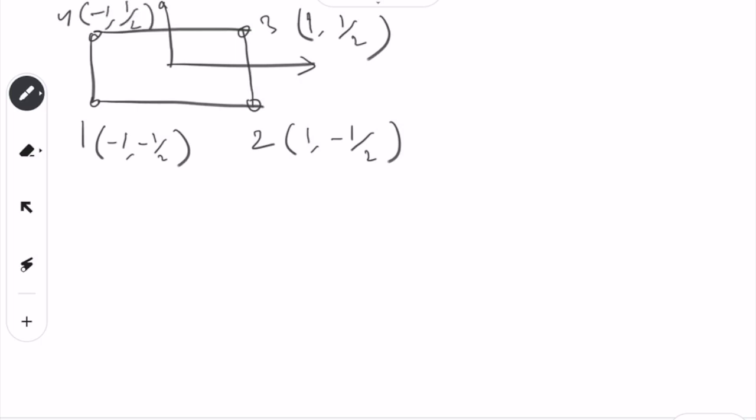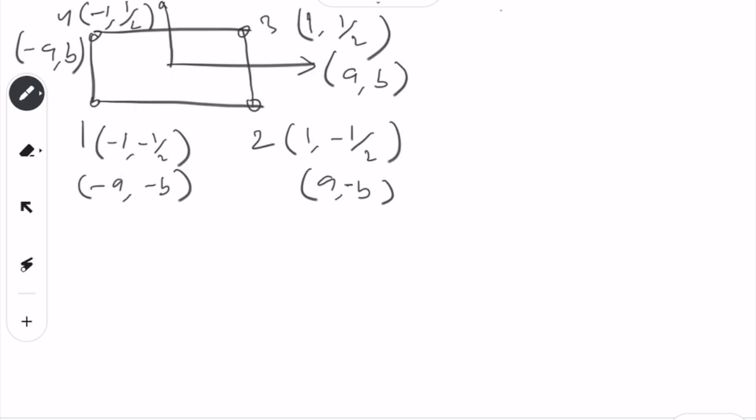We can also write in terms of A and B. In this case this will be minus A, minus B, and so on: A B, minus A B, where A equals 1 and B equals half.